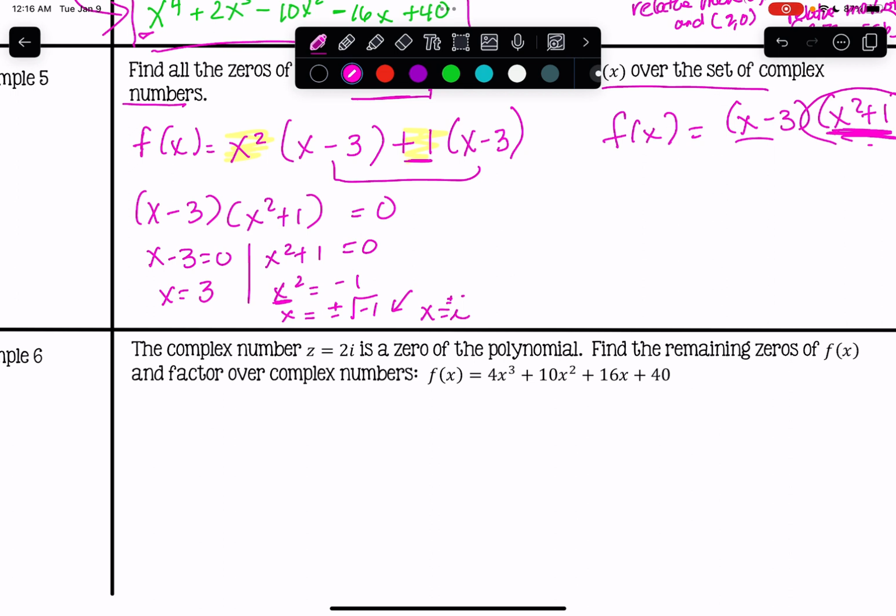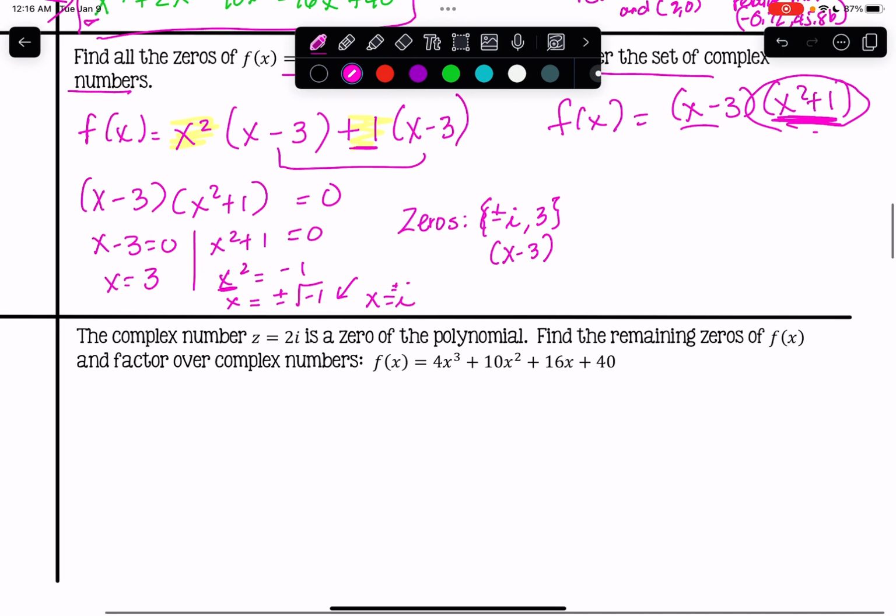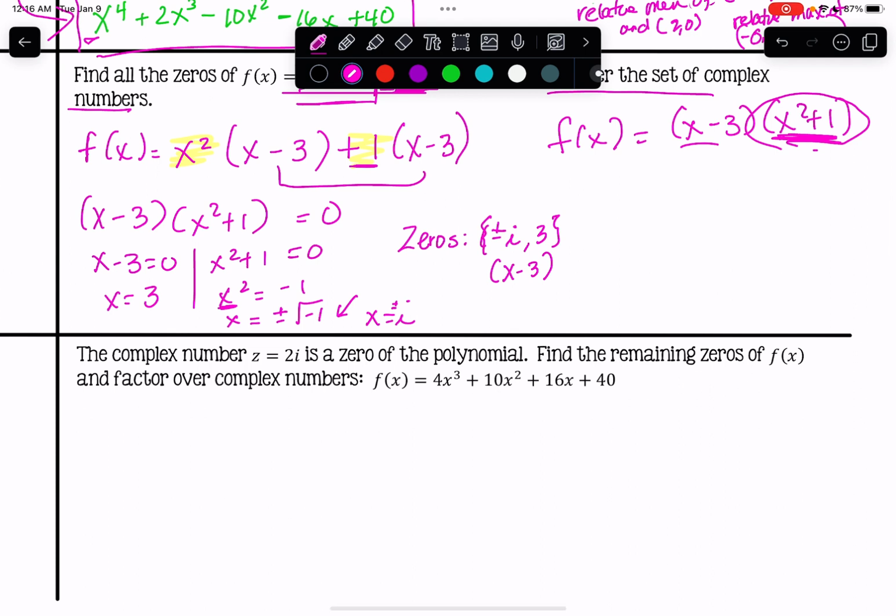All right, so let's write our zeros in a nice way. Our zeros are plus or minus i and 3. Okay, so there's our zeros. And now to write that factored, we would still say x minus 3, but then our x squared plus 1 became x minus i, and it was plus or minus, so it's x plus i.